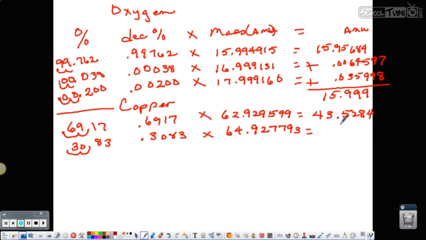When I multiply that, I get 20.0172. Add that up, and we're going to get 63.54, and I don't think this is going to be a 6, so we'll say 5. It will round off to be a 5, I believe.